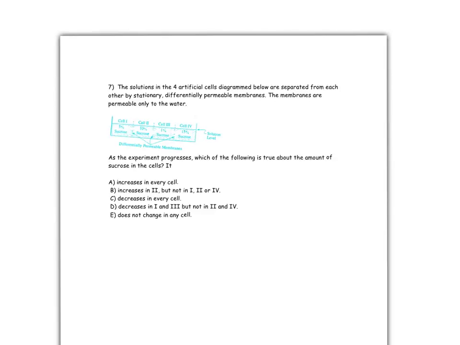They're asking about the amount of sucrose. That doesn't change in the cells. It stays the same. It never changes because it can't move past the membranes. They tricked us, or they tried to trick us. The sucrose cannot move past this membrane, so it can't change. The water will.